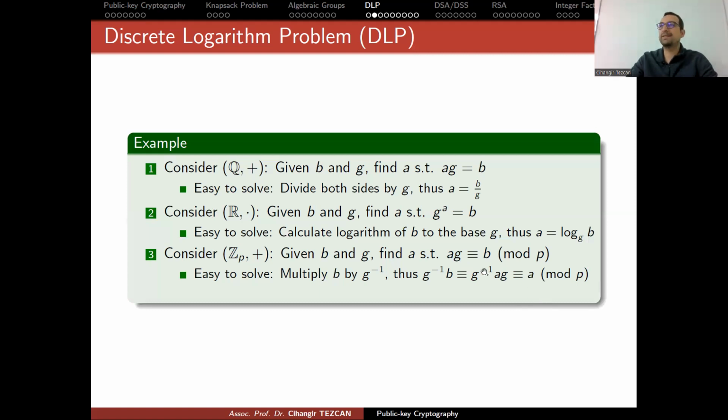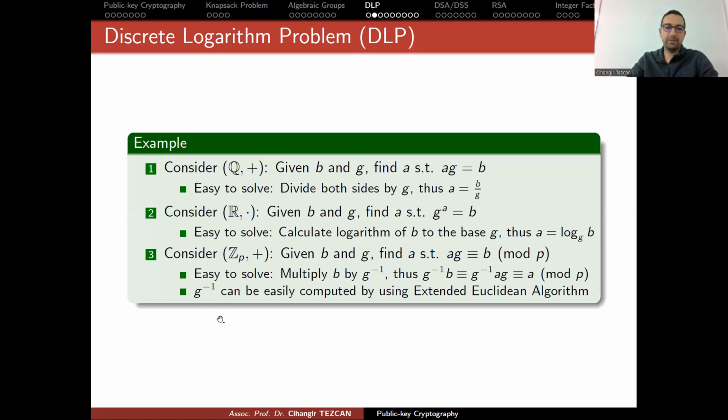And the question is, is it an easy thing to find the inverse of an element? We have the extended Euclidean algorithm, which finds inverses in a very fast way. So as you can see, this discrete logarithm problem is very easy to solve once the operation is addition.